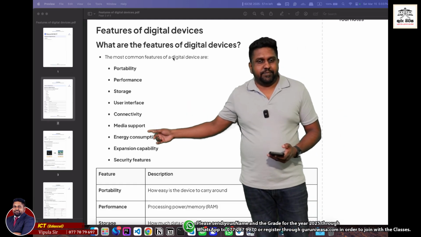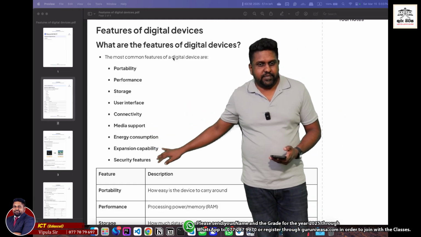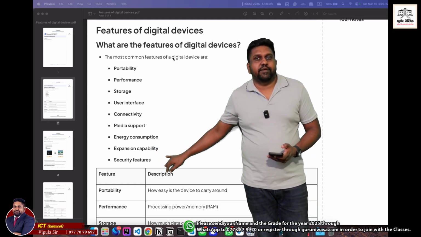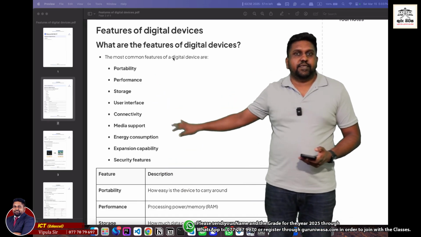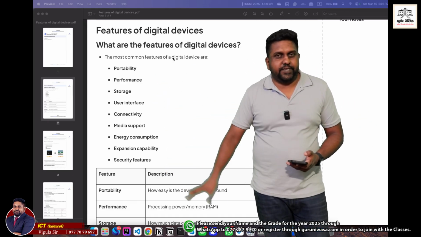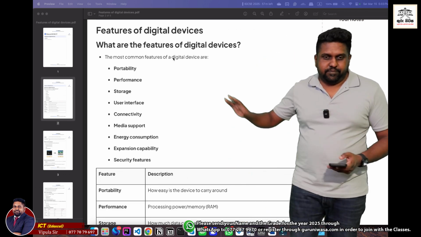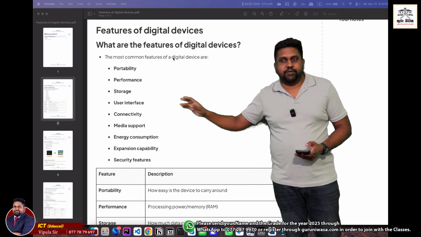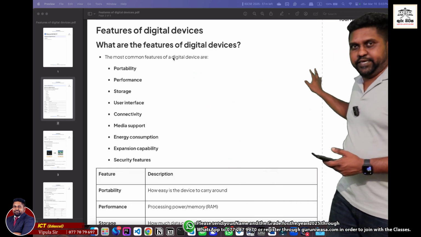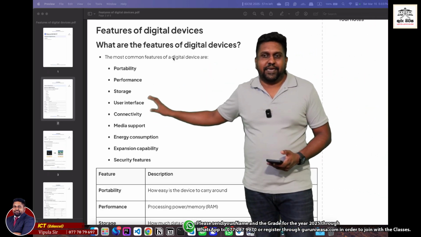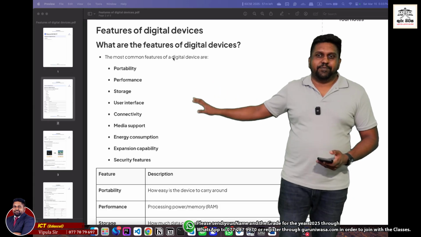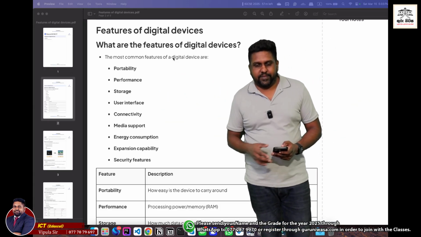And then media support, energy consumption, expansion capability, plus security features. These are the primary set of keywords, guys. So please do highlight it, write it down. If you want to take short notes, you can write it here, and follow whatever pattern you use to remember these keywords.